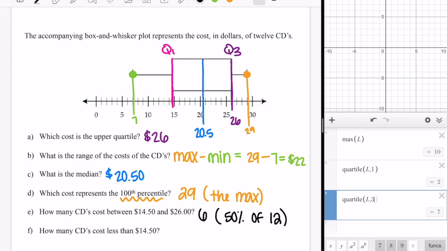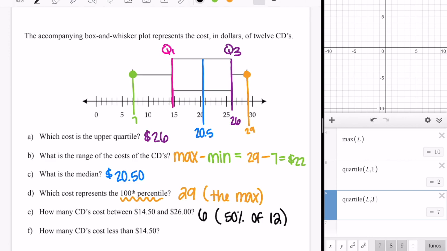Okay, so how many CDs cost less than $14.50? Again, we're at Q1 where $14.50 is. Less than that will give us the 25% right here. So 25% of the 12 CDs.